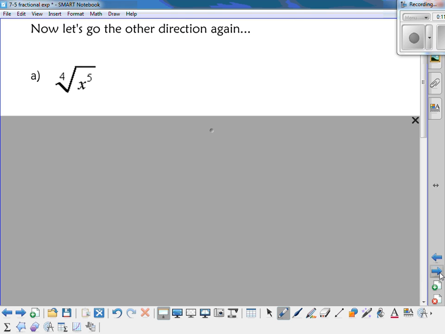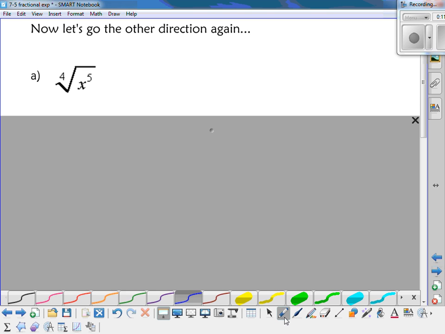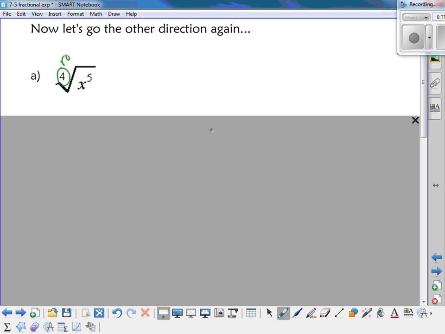Alrighty. Okay, now we're going to go the other direction. So this one's for your notes. Again, you want to remember that this is your root, and that's your power. And of course, the x is your base. So we're going to have x to the 5 over 4.